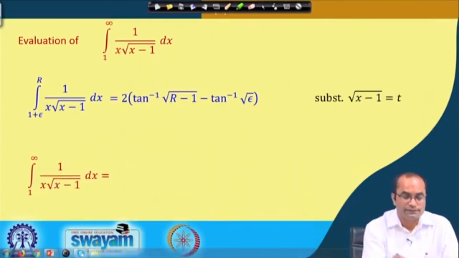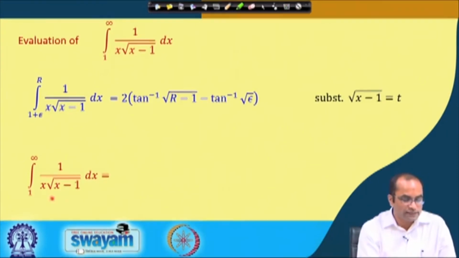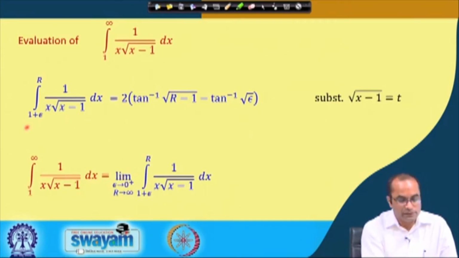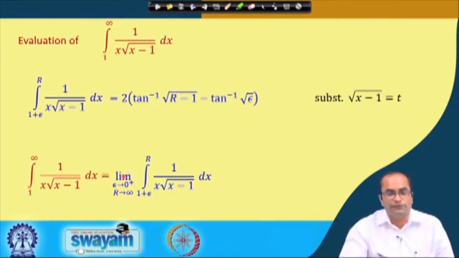So, in this case, the integral from 1 to infinity of 1 over x times square root of x minus 1 dx we will get when we take the limit epsilon to 0 and r to infinity. So, in the value of this integral we will pass the limit as r approaches infinity and epsilon approaches 0.